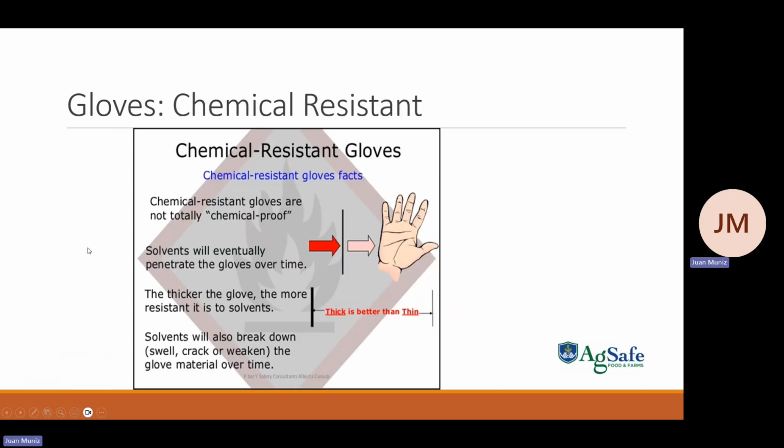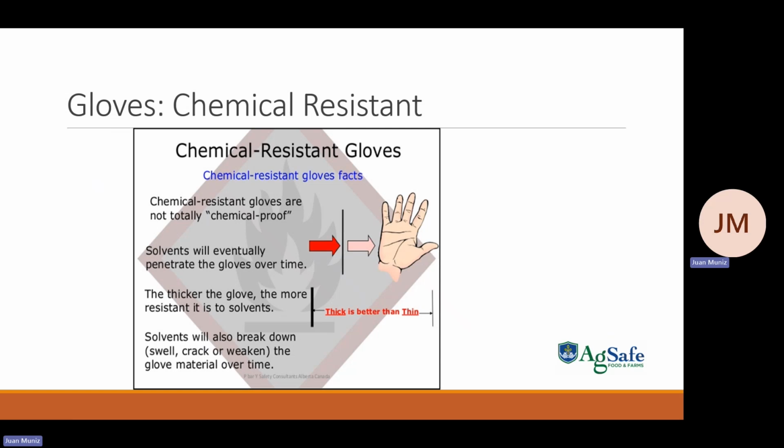Okay, now gloves, the chemical resistance requires a little more information. So just keep in mind that chemical resistant gloves are not totally chemical proof, just like anything else. Nothing is 100%. So remember that rule. Solvents will eventually penetrate the glove over time.